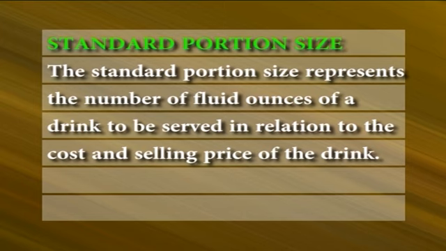Therefore, the potential sales can be calculated without much difficulty. Standard portion size. The standard portion size represents the number of fluid ounces of a drink to be served in relation to the cost and selling price of the drink.